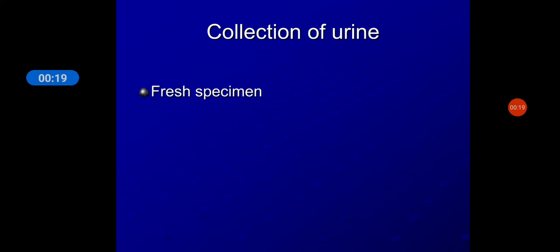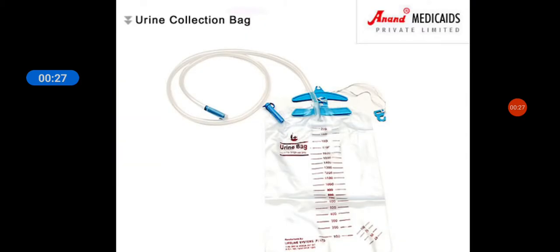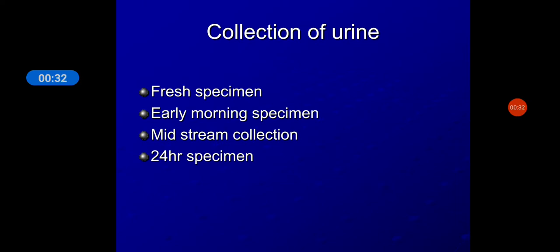Okay, first you have a random sample or a fresh specimen, then you have early morning specimen, midstream urine, 24-hour specimen, right? So for that you need to know why each one is used. A fresh specimen is always better than any long standing cases.